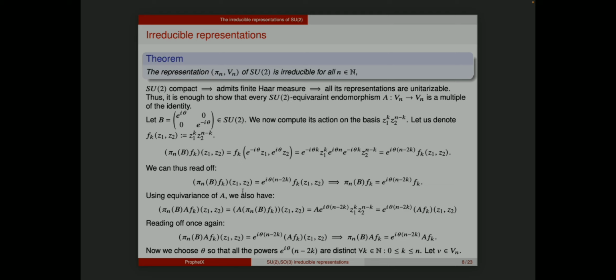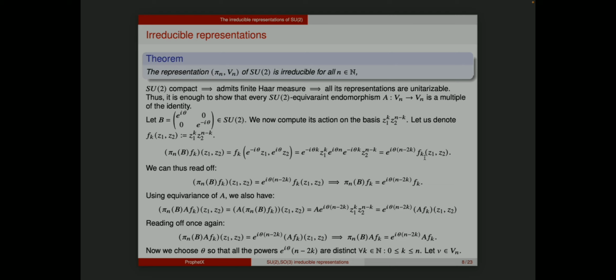But now we also know that A is SU2 equivariant, because that's what we assumed. So we compute the action of pi n of b on A of fk, and this must be equal to the action of A on pi n of b acting on fk. And here the action is basically just matrix multiplication. So we literally just have A applied to the guy we computed before, right?